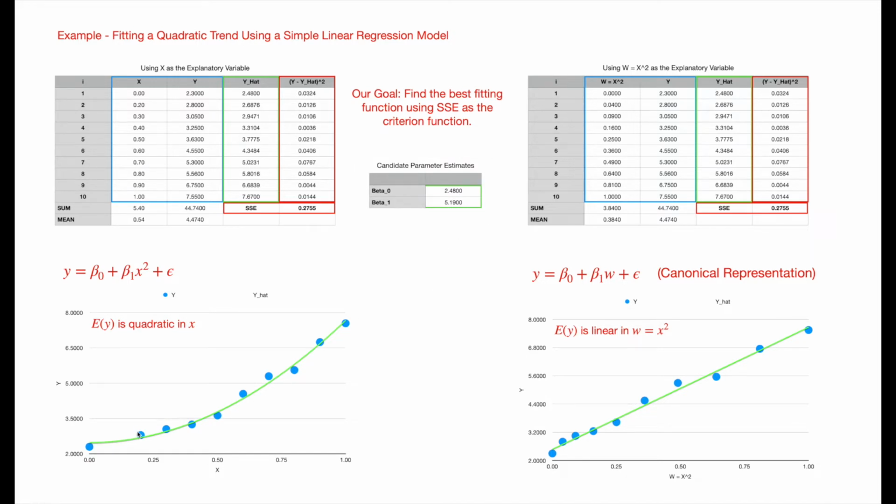We can fit this quadratic trend very closely using this visual technique that we applied originally to a linear trend. And we can get very close to what would appear to be the least squares estimators, and the SSE appears to be fairly close to 0.2755.